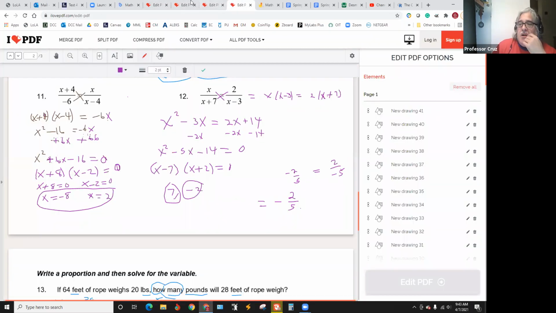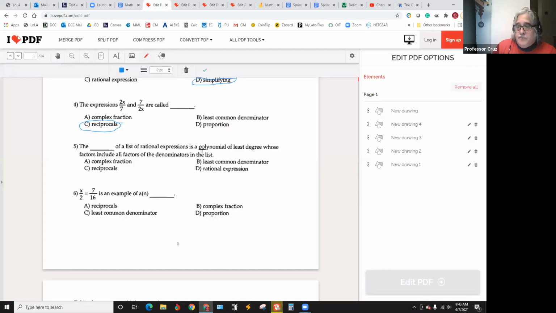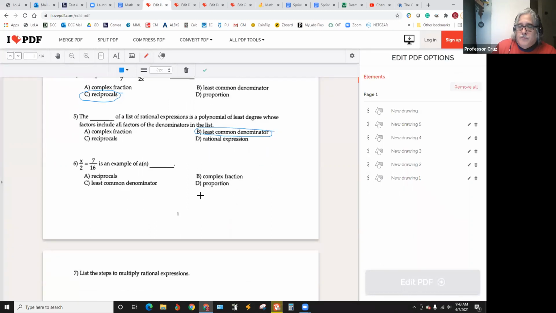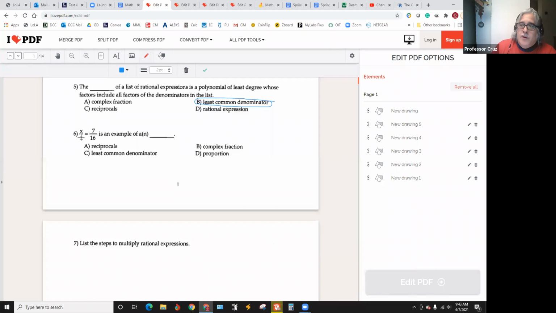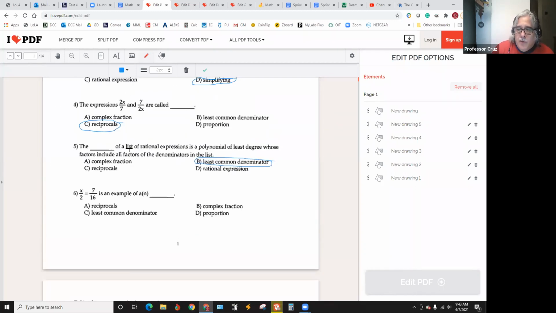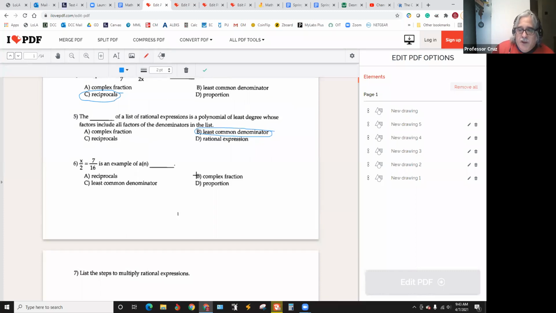All right, so where are we at? And this is an example of, this is what we looked at in the last section, 7.6. It's a rational expression, a rational equation, but they don't have that as a choice because it's a simple kind of rational expression.